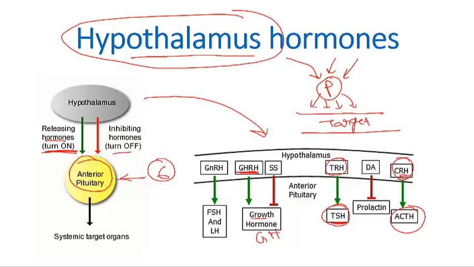Except for that, the hypothalamus is also linked with controlling some posterior pituitary hormones as well. And for the posterior pituitary hormones, there are 2 major types, oxytocin and antidiuretic hormone, or ADH. These are the 2 types of hormones secreted by the posterior pituitary gland. Oxytocin is a peptide hormone that stimulates the contractions of the uterus during labor, and it also promotes milk ejection by the mammary gland.